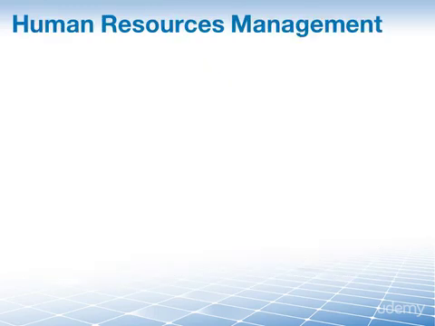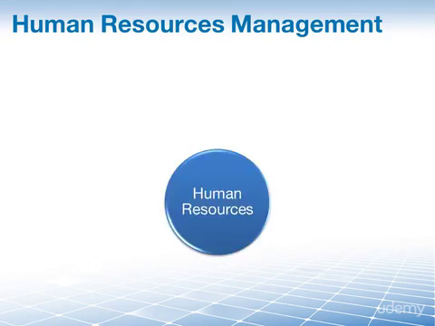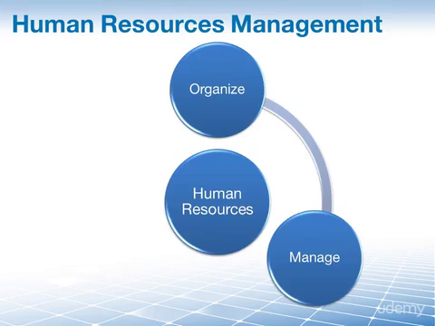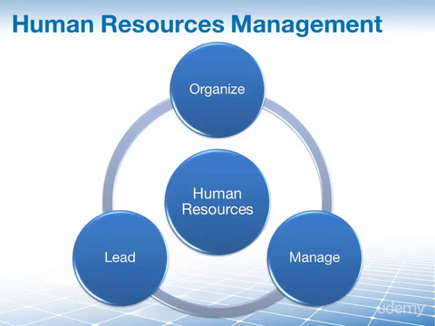To get a high-level understanding of human resources management, let's look at three cornerstones of the knowledge area, because project human resources management includes the processes that enable a project manager to best organize the resources, manage the resources and make them efficient, and lead the project team to greater heights and effectiveness.